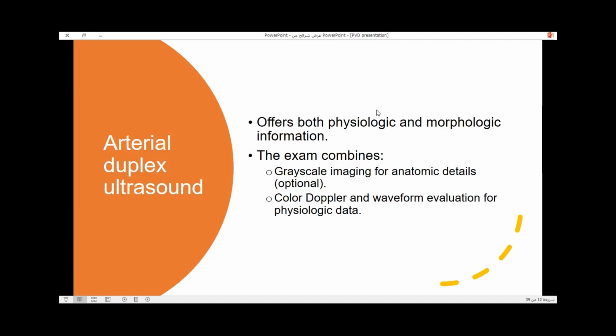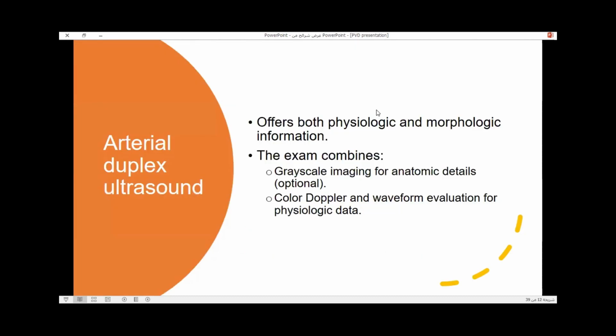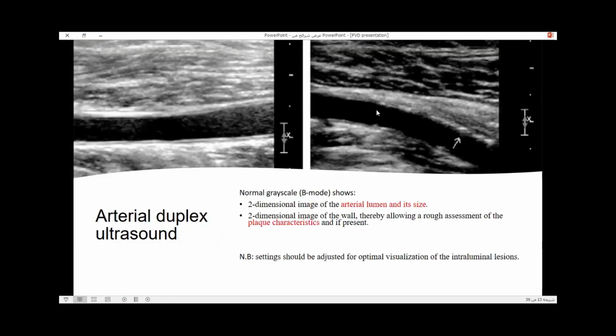We can evaluate the wall, we can evaluate the intraluminal artery, and also color Doppler and waveform evaluation, which give us the physiological data for the artery, either proximal or in the same site of the examination.